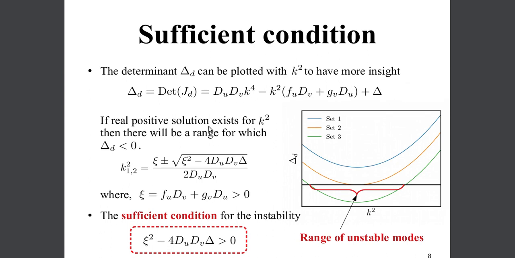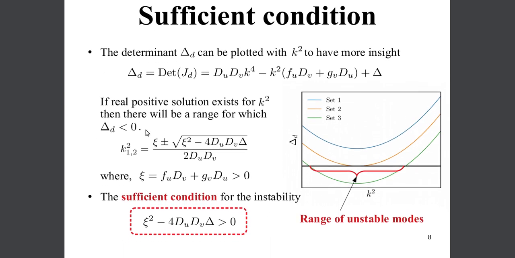So if a real positive solution exists for k square, then there will be a range for which delta d is negative. This is the range I have just shown with this red curly bracket.